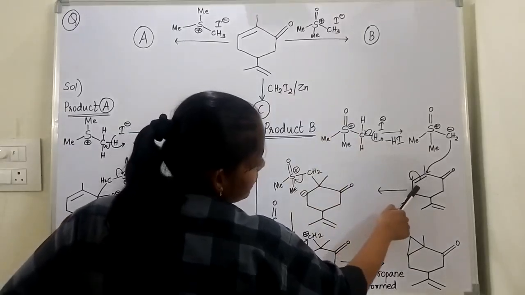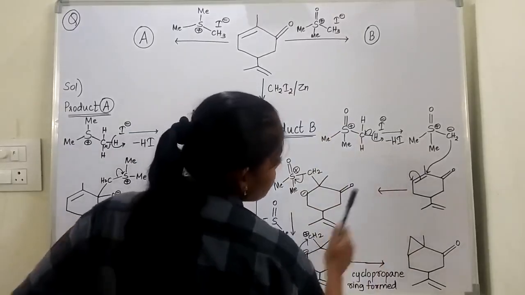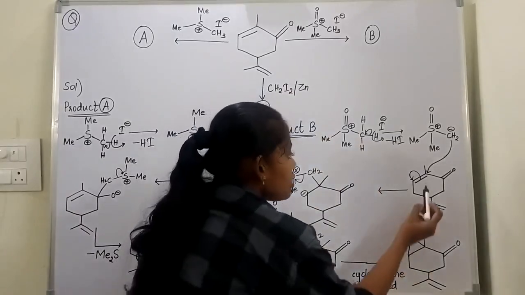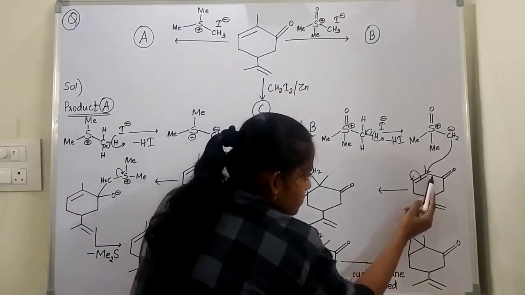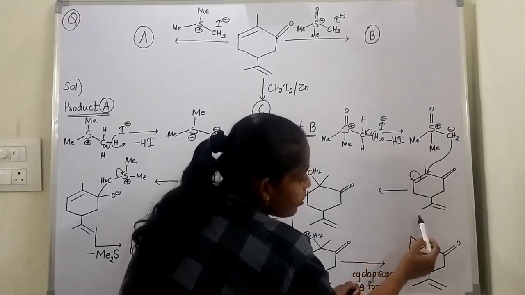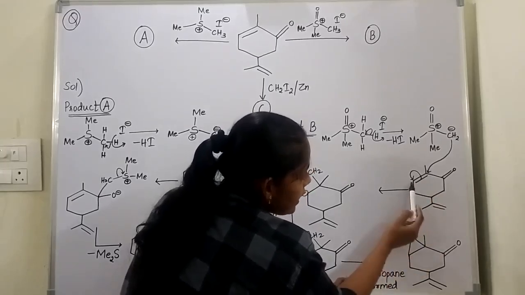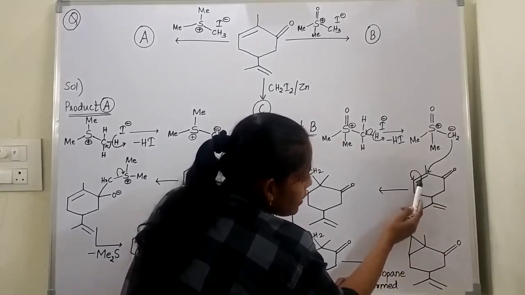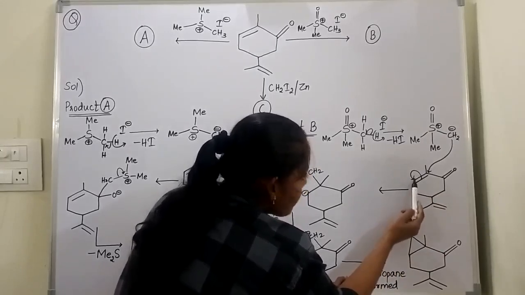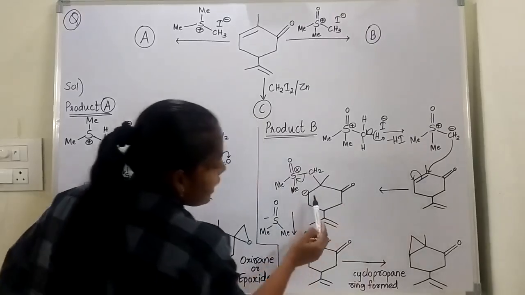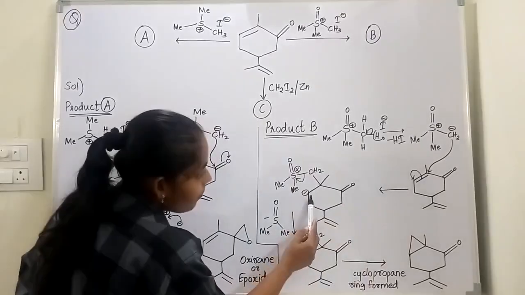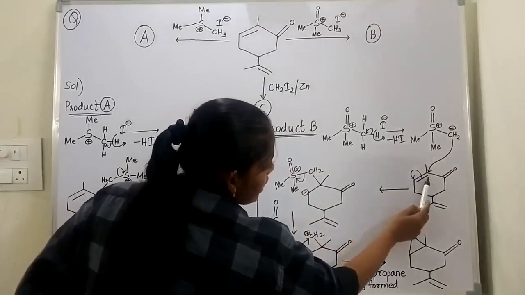Here the double bond which is present will shift to this carbon and a positive charge is obtained here. We know that a tertiary carbocation is more stable than a secondary carbocation. The double bond shifting is taking place over this carbon, leading to the formation of a negative charge on this carbon and a positive charge on this carbon.